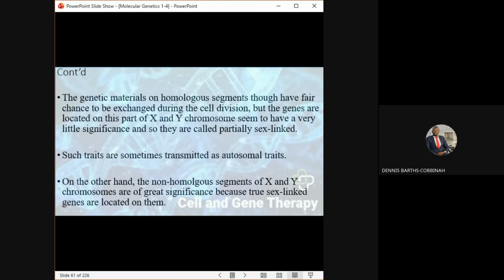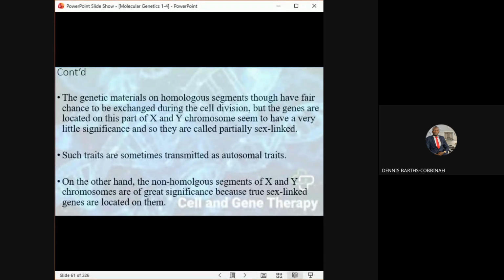And so the individual has no choice but to express the phenotype of the inherited defective gene on the X chromosome. So that is why we say that X-linked characters are more prevalent in boys, or in males, than in females.